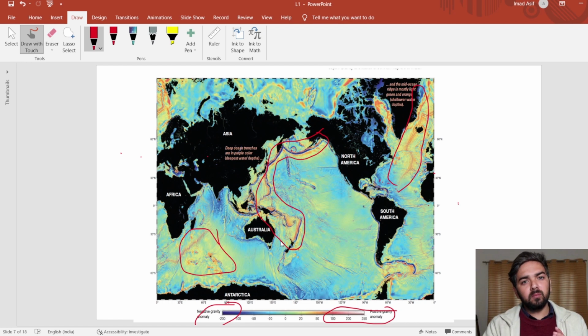So the water surface, this is the important point that answers the question. The water surface above the ocean mimics whatever features are present on the ocean floor. So if we have higher relief, the water surface would be higher there, and if we have low relief, the water surface would go down a bit.